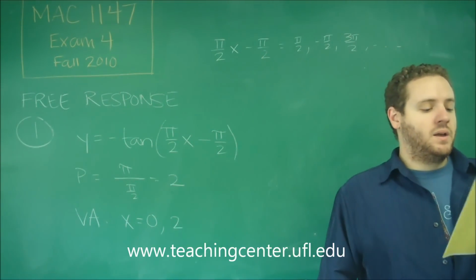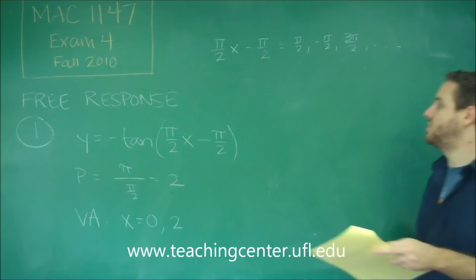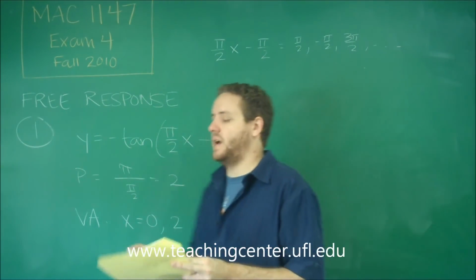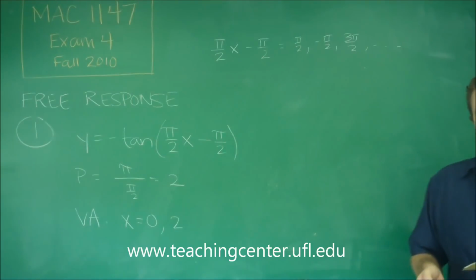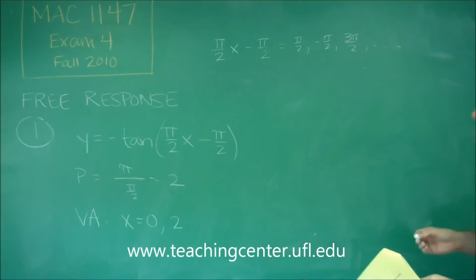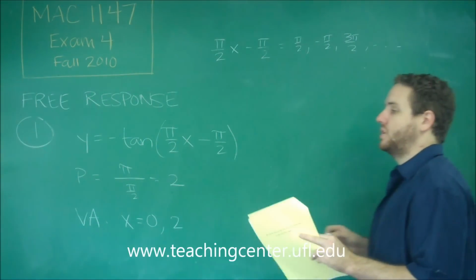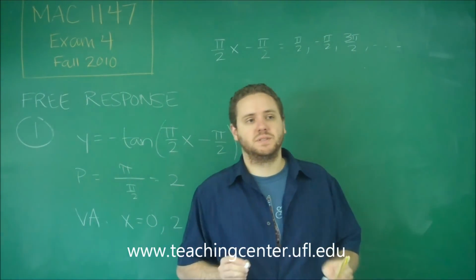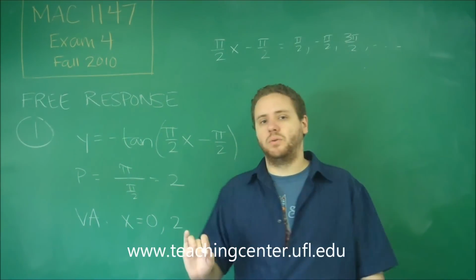So for number 3, the key points in one period. The key points for a tangent graph, in this case, you usually would just do 2 different periods, I suppose. So let's figure out what these are here. In a, we do one period, break it into 5 points. So in one period, we go from 0 to 2.